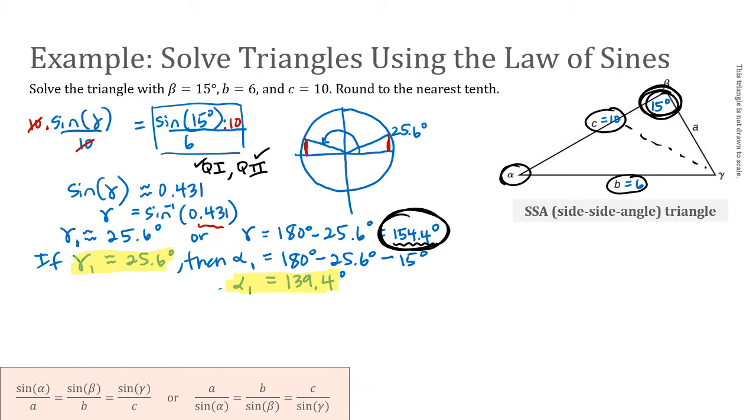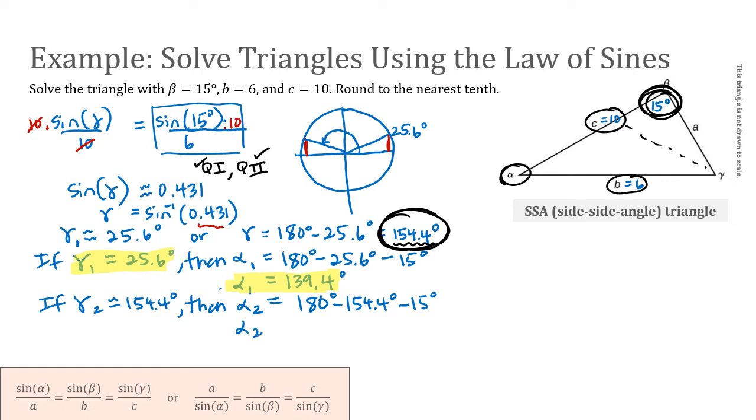Okay, if gamma is 154.4 degrees, then alpha sub 2 is going to equal 180 degrees minus the 154.4 degrees minus the 15 degrees that was given.